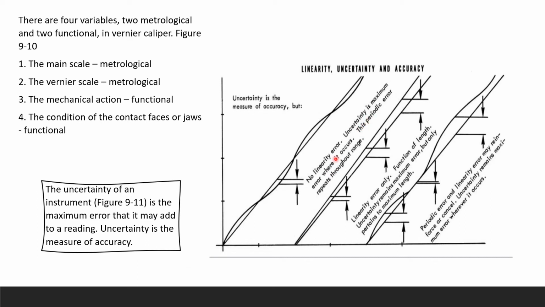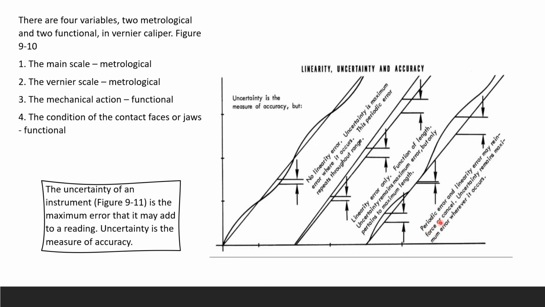Uncertainty is the maximum error wherever it happens, and this periodic error repeats throughout the range, okay? Linearity error only in this case, and you can see the function. So function of length uncertainty remains maximum error, but only pertains to maximum length, okay.